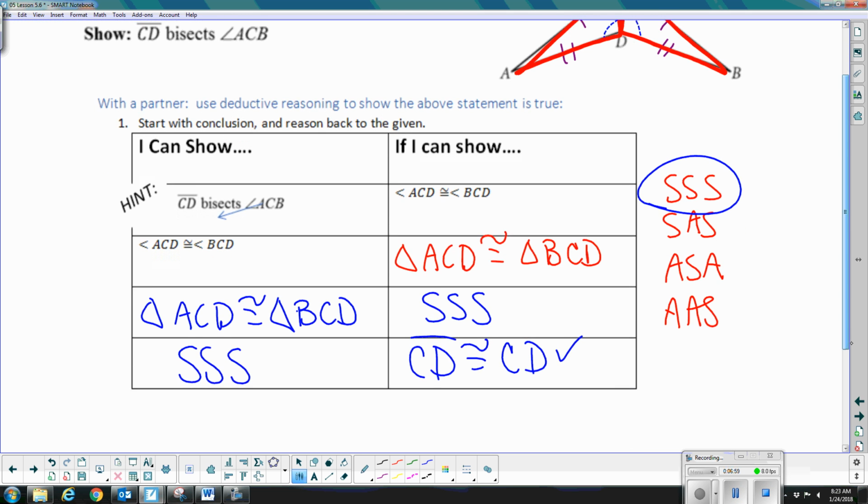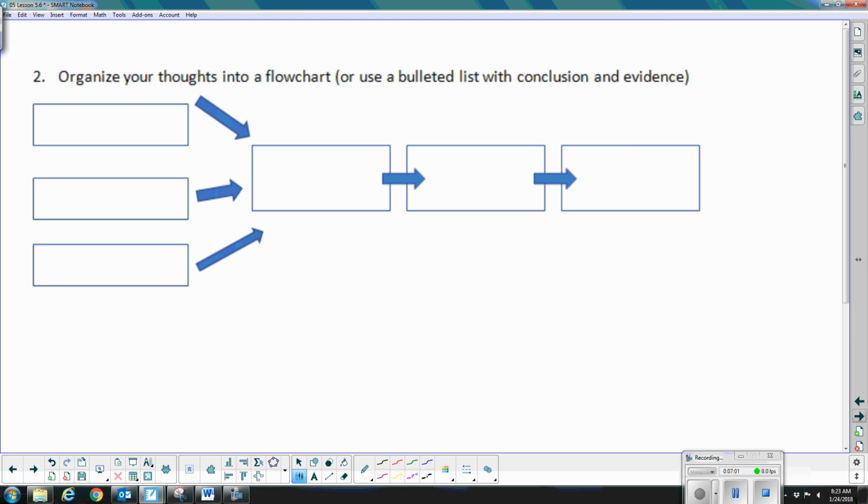So looking at the next part of your note sheet, I've set up this flowchart for you, but at some point you should be able to set up your own flowcharts. So let's start with that table that we just filled out. And let's start from the end, like we did in our table.